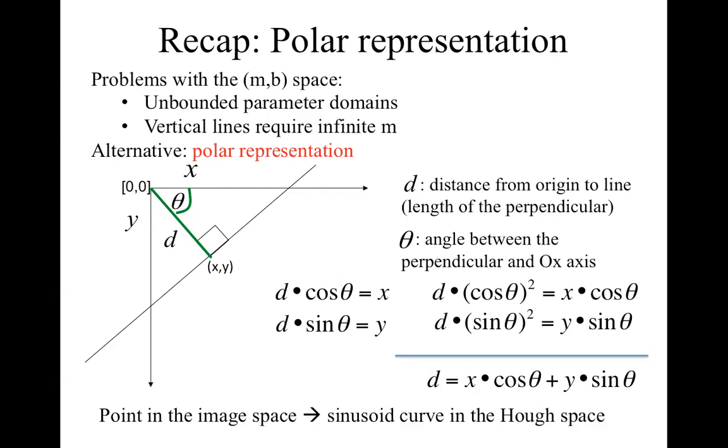So a better way to parameterize a line in the image space is to use another parameterization. For each line in the image space that passes through the point x, y, you could parameterize a line by 2 parameters. d is the distance from the origin to the line that is perpendicular on your line that contains point x, y.